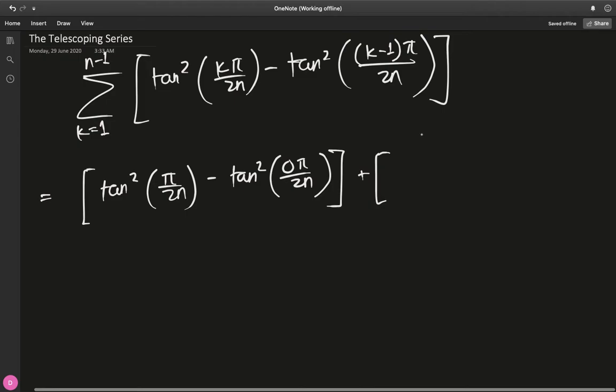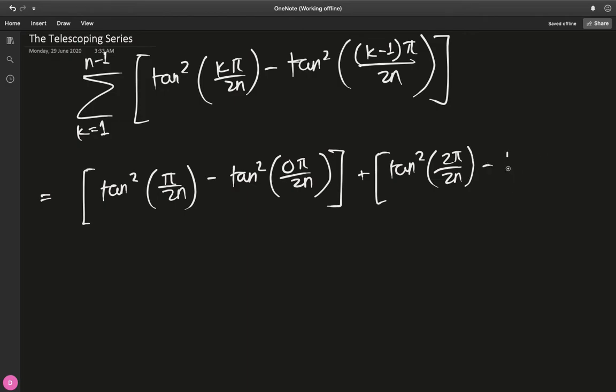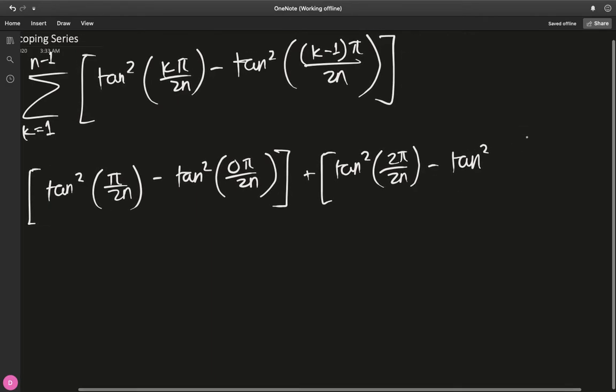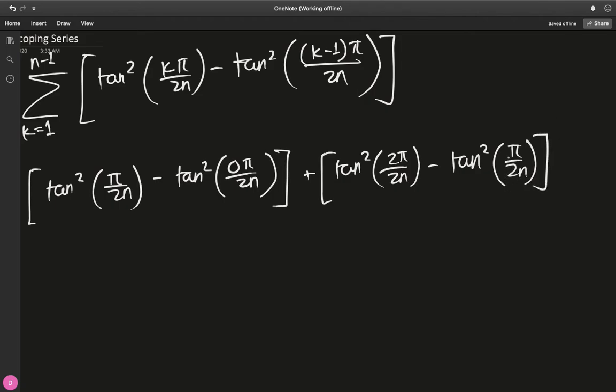Plus, then when k is 2, we have tan squared of 2 pi over 2n minus tan squared of just pi over 2n. And this can go on until the last terms.